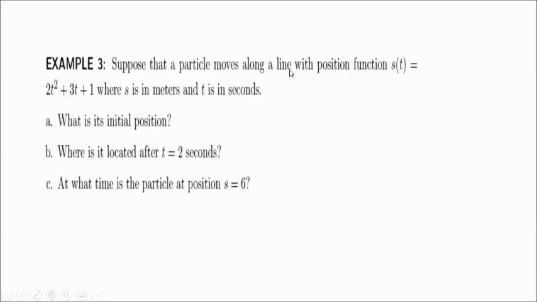Suppose that a particle moves along a line with position function. Ito yung sinasabi ko, class. Ito yung magre-represent para makuha yung particular position ng isang particle. So you will just need to substitute yung time.